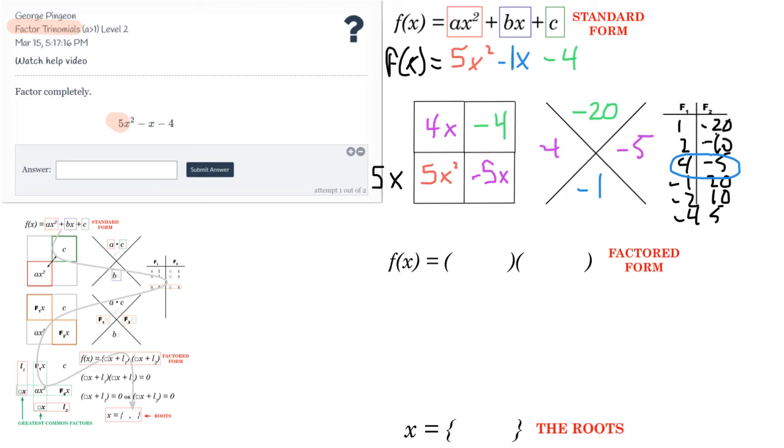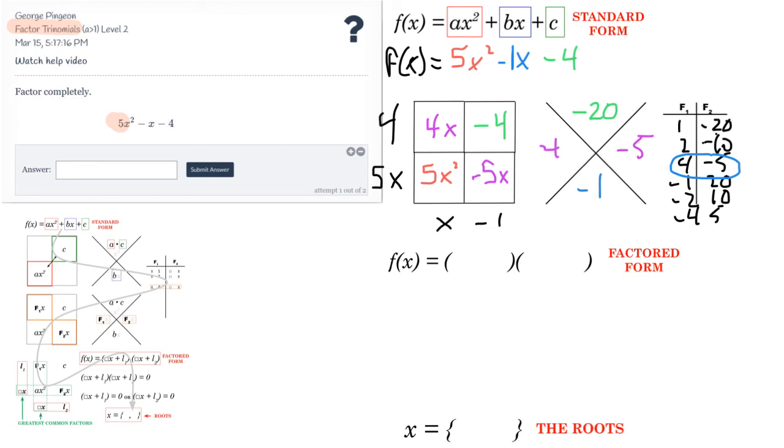And from here, it's kind of like a game of Battleship. So what do I need to have here in order to make 5x squared? So 5x times x is equal to 5x squared. Okay, now what do I have to have here? 5x times -1 is equal to -5x. What do I need to have up here? x times 4 is equal to 4x.